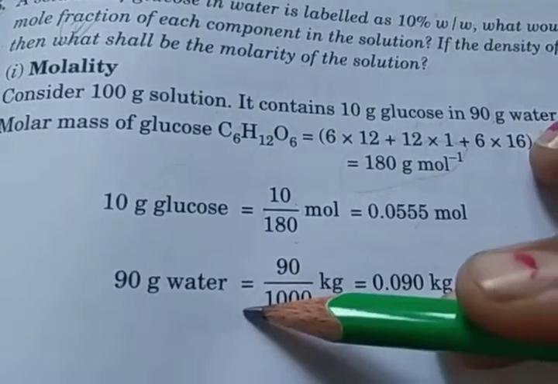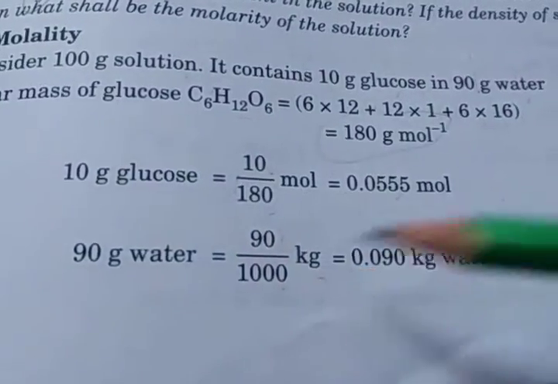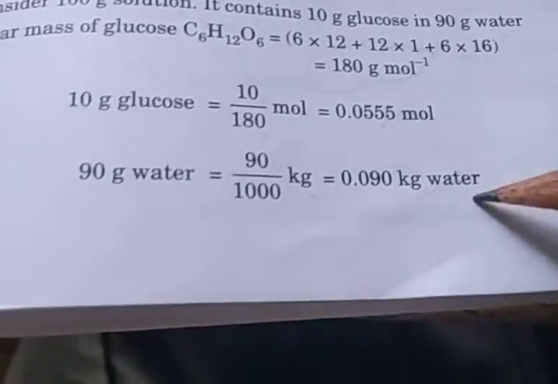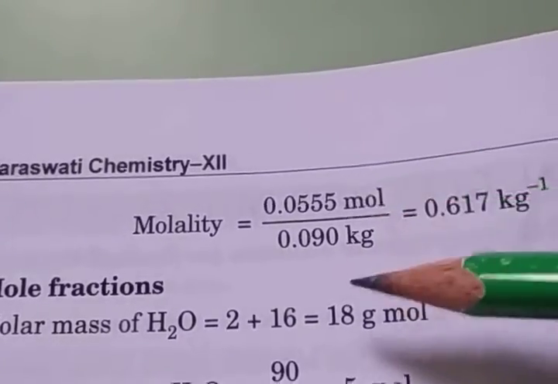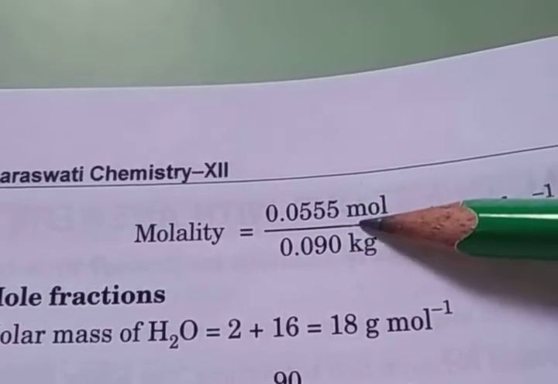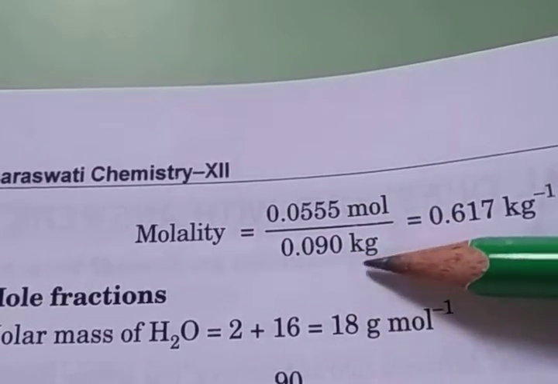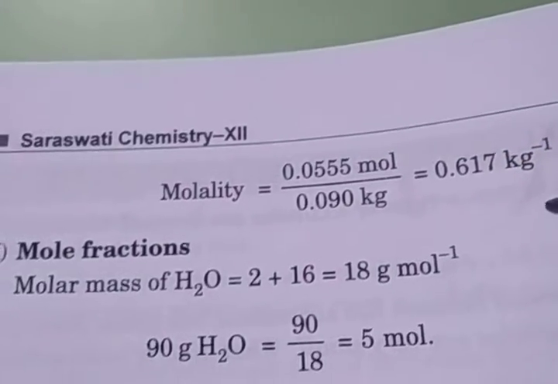And 90 gram water is 90 divided by 1000, 0.090 kilogram, for the solvent weight. Molality is glucose moles divided by kilograms of water: 0.0555 divided by 0.090, which calculates to 0.617 mole per kilogram.